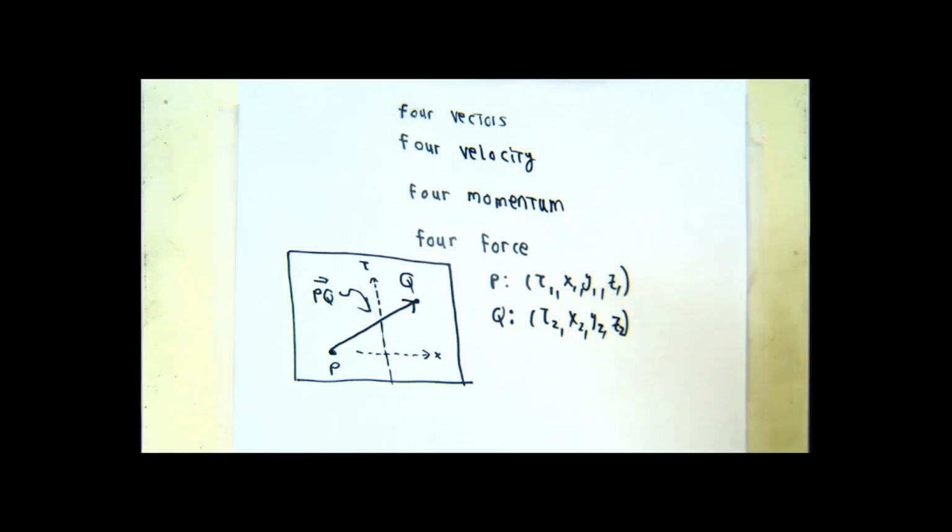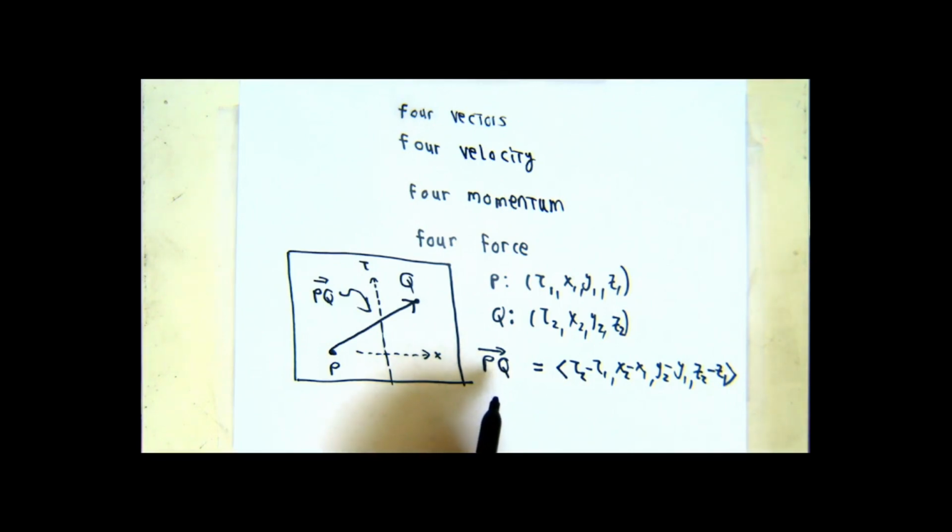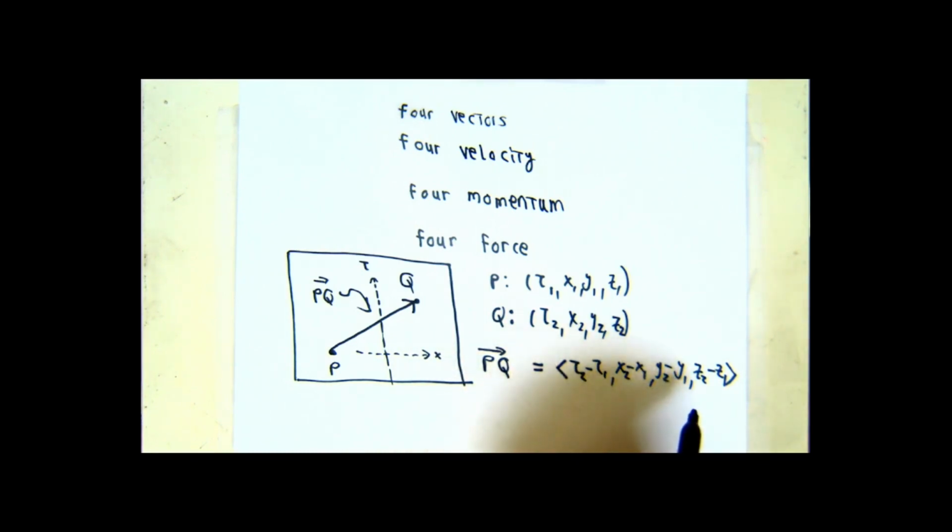Again, as in calculus 3, we figure the components of the vector as being the difference of the ending coordinates minus the starting coordinates. If this were actually calculus 3, we would write things like the vector from P to Q equals, and then bracket, difference of coordinates, difference, difference, and the difference of the z's.